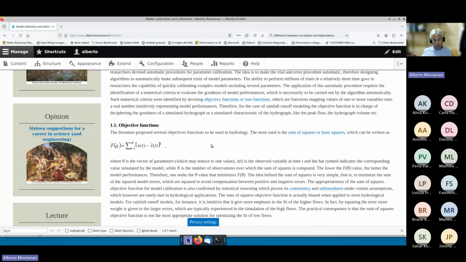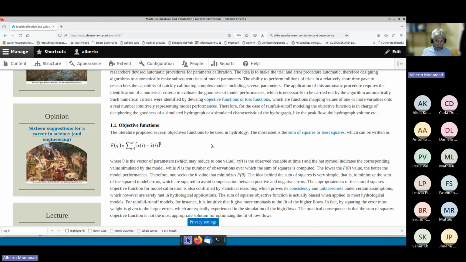The least square objective function, when you see the number, and you may remember we applied it to linear trend estimation, when you see the number in itself it doesn't give any general indication on the goodness of the fit, doesn't give any general indication on whether or not the model is good, because it's typically a very large number.